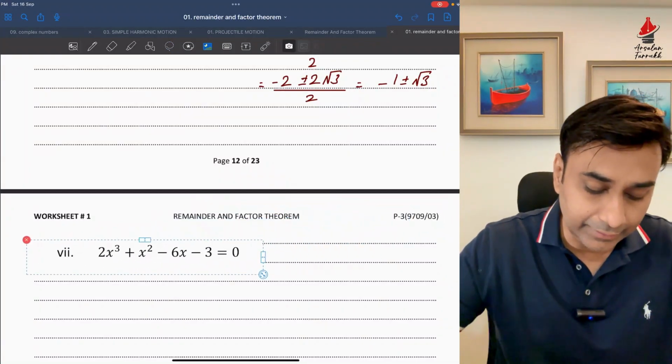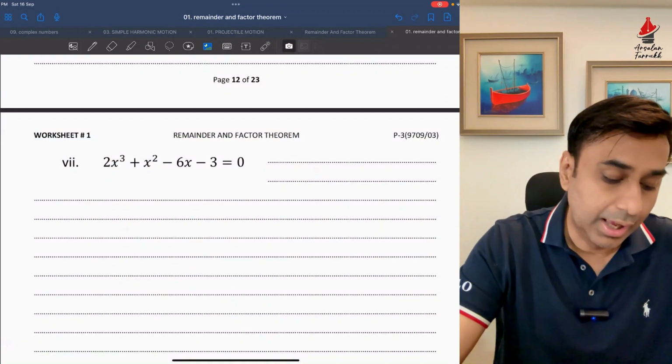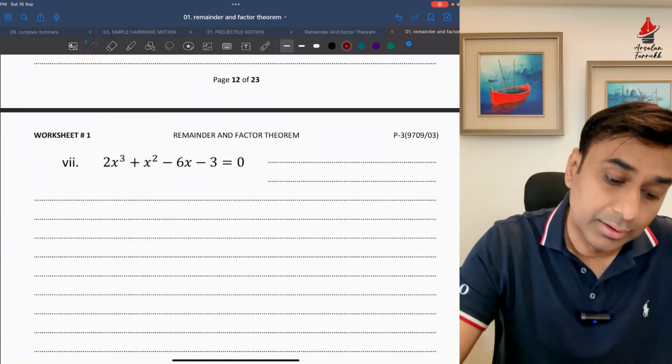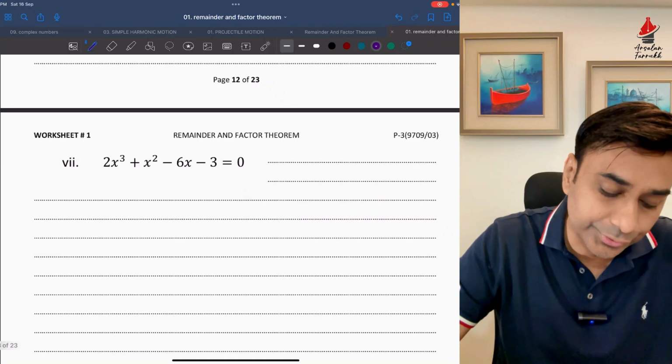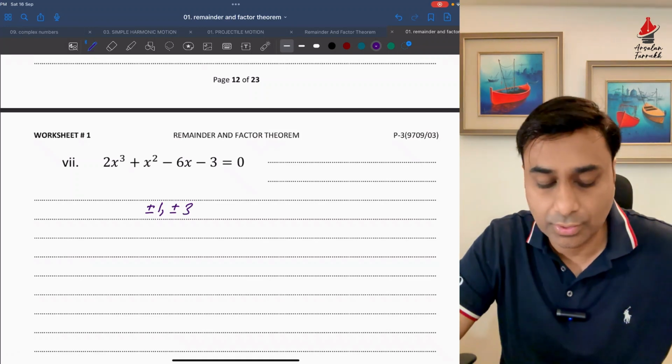So basically what's going to happen over here is that if I have this particular equation, the first thing that I'm going to do is go for my trial solutions, which are going to be plus minus 1 and plus minus 3, which are the factors of the last constant term.